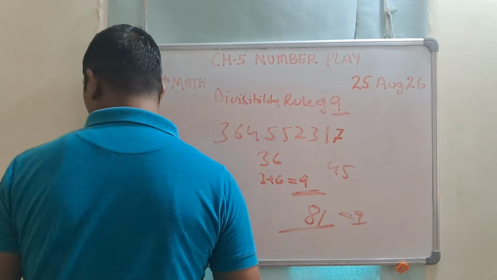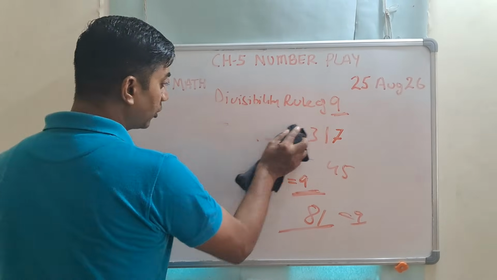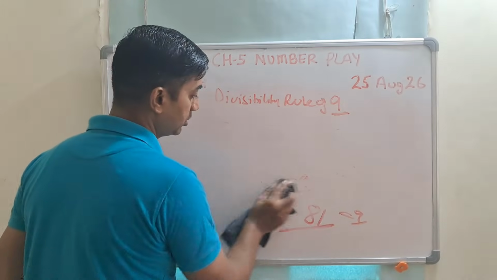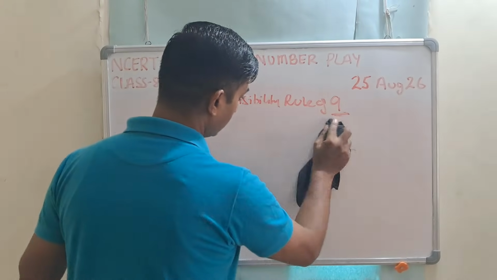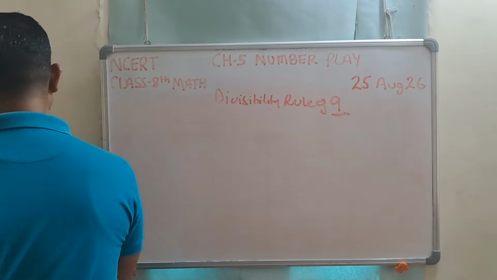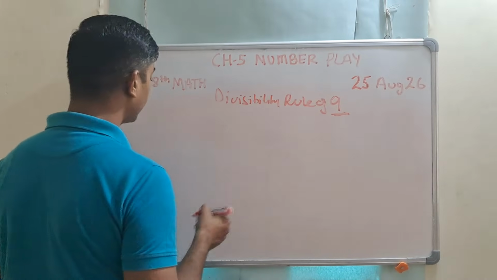So this is the divisibility rule of 9, and how this divisibility rule was derived, that we have seen. So what is the divisibility rule of 9?